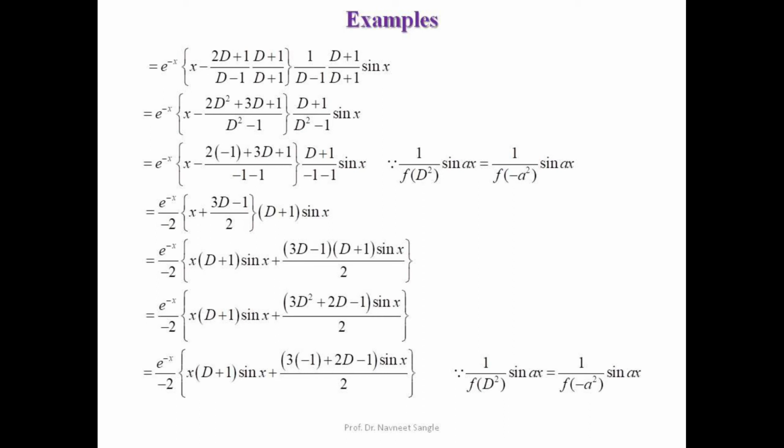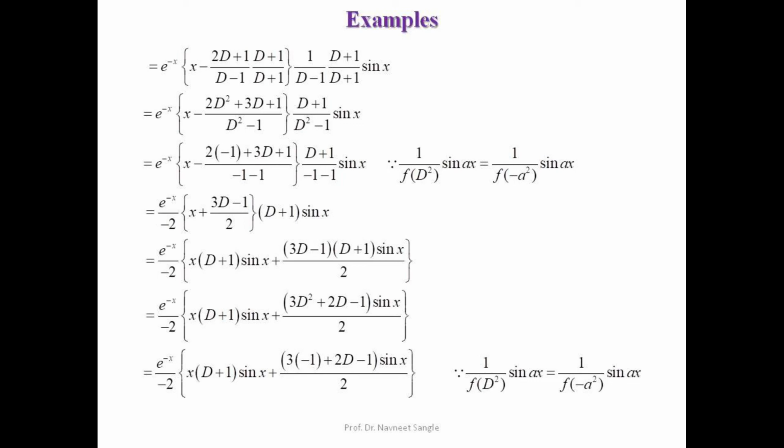So now 2 into minus 1 plus 3D, D remains as it is because we are unable to replace D by any term, because the formula is not valid for the D term, plus 1 upon, again in the denominator replace D square by minus 1 square, again minus 1. So after the bracket, D plus 1 numerator remains as it is, and in the denominator replace D square by minus a square, we get minus 1 into sine of ax. So the formula is given as a reason.